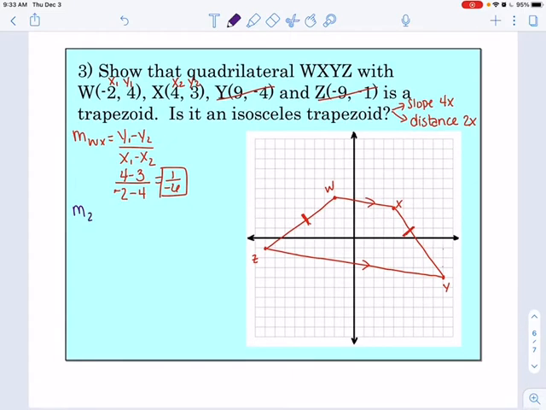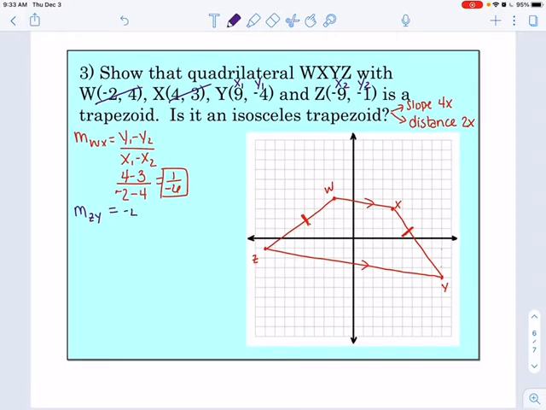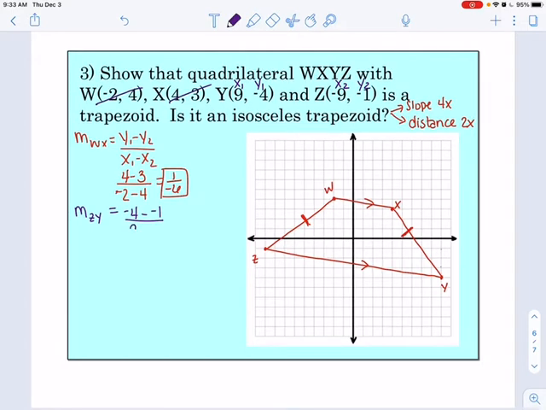So now let's find the slope of the side that we think that's parallel to. That would be ZY. So this time, again, I'm ignoring my other two coordinates, and I'm concentrating on Z and Y. So we'll do x1, y1, x2, y2. Again, the formula is above there, so let's just go ahead and plug in. So I'm going to have negative 4 minus negative 1 on the top, and on the bottom, I'm going to have 9 minus negative 9.